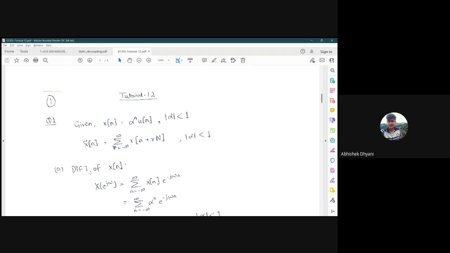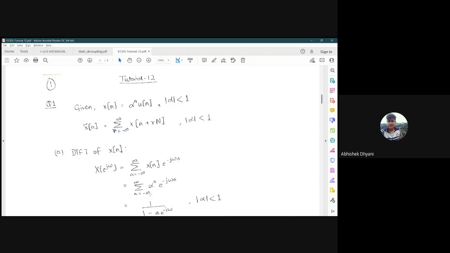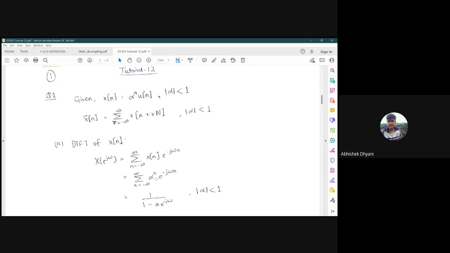We all know the formula for the DTFT by now. It is X of e raised to the power j omega is the summation from minus infinity to infinity over n, where x of n is multiplied with e raised to the power minus j omega n. So I substitute x of n as alpha raised to the power n u of n, and when I compute this, it will be 1 by 1 minus alpha times e raised to the power minus j omega.